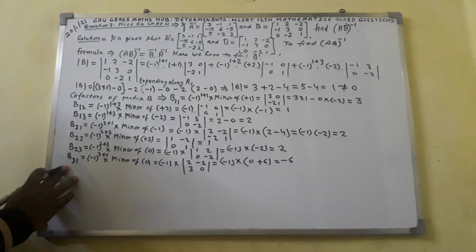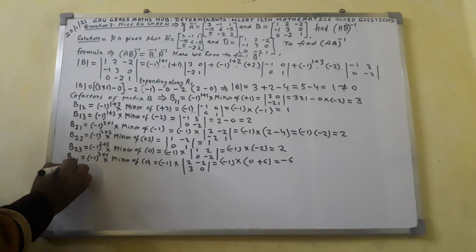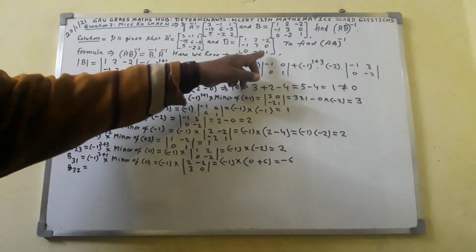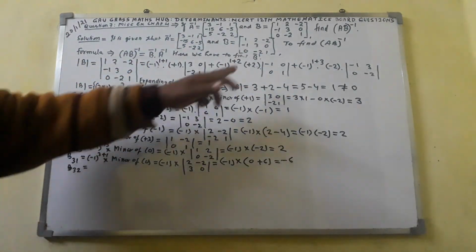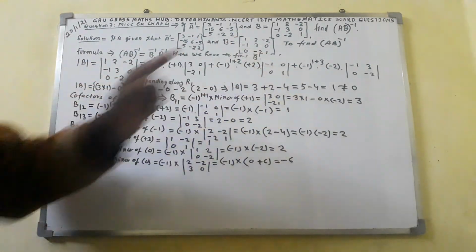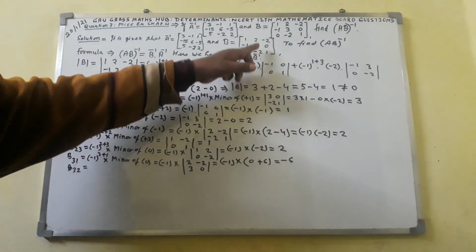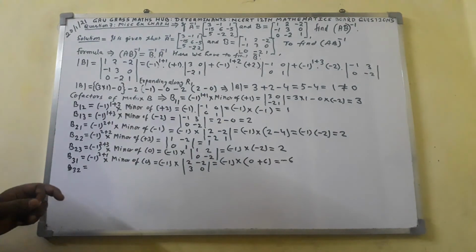And again I shall write B input 32. For this element minus 2. Minus 2 is there in third row. For third row I shall write here 3, and minus 2 is there in second column. For second column I shall write here 2.